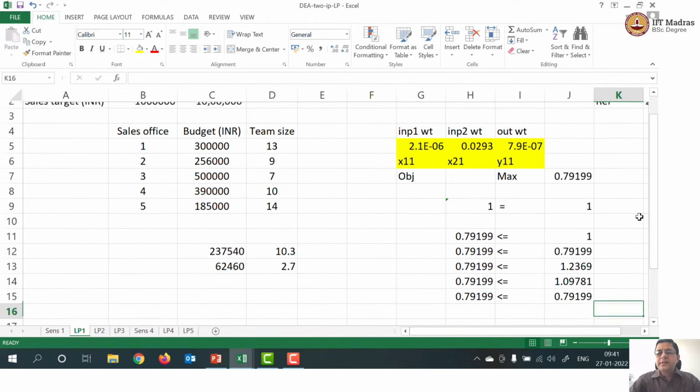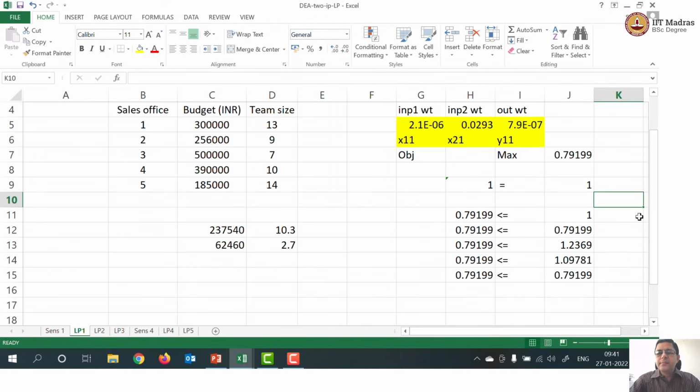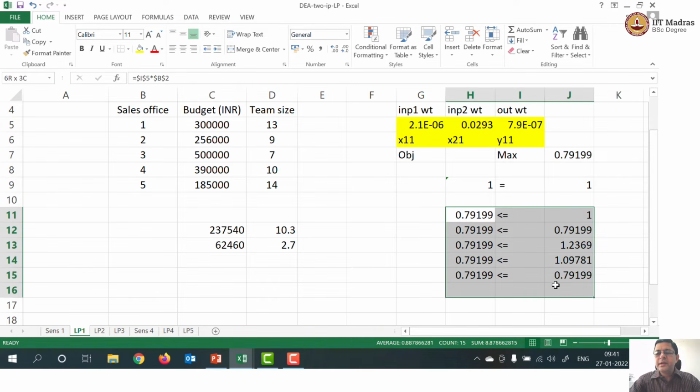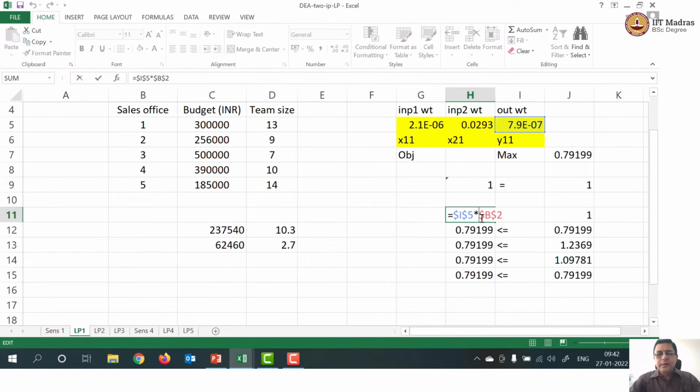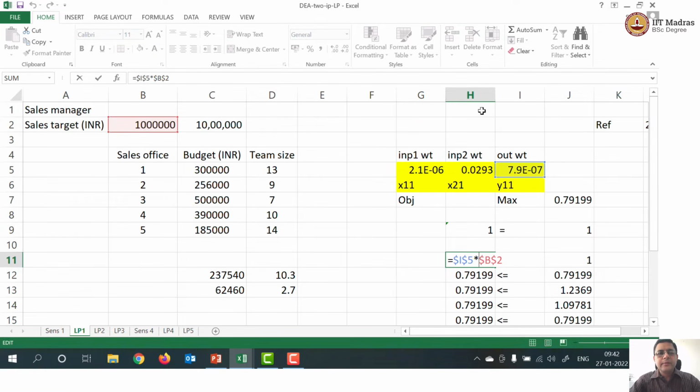Now, all these constraints are essentially your E_k less than or equal to 1 type of constraint. So this constraint is once again the numerator of the first efficiency calculation. Output weight multiplied by the actual output. And what is the right hand side?